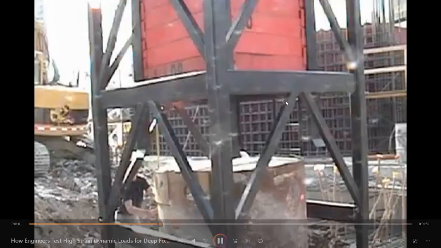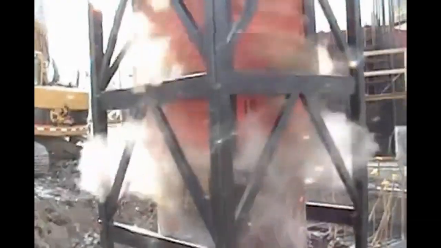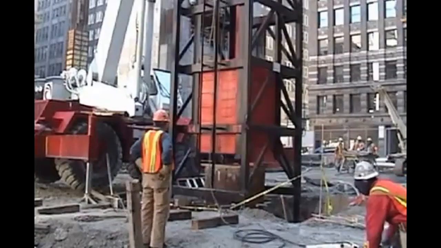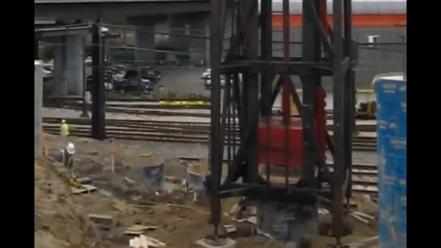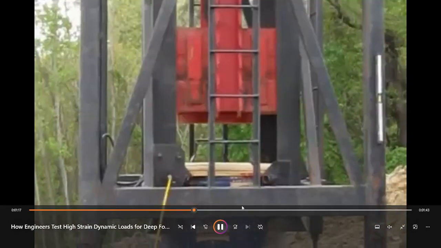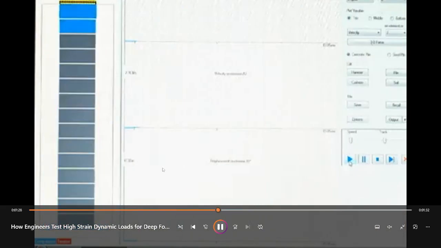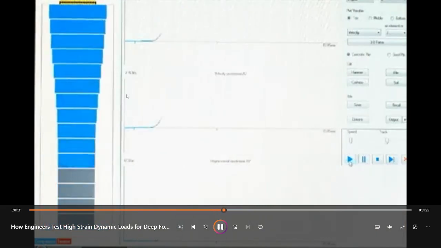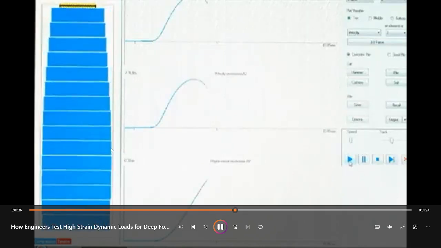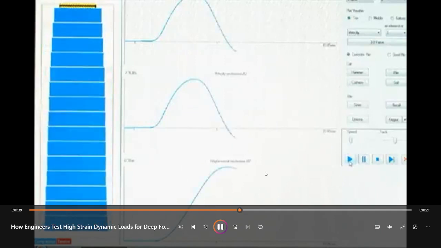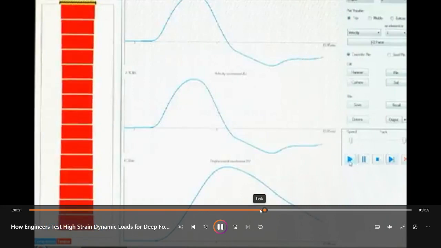And like that we'll get this kind of curves, the waves that we are getting. So see here, the waves are traveling and we are getting the data like this in the pile driving analyzer, that box that you are seeing.